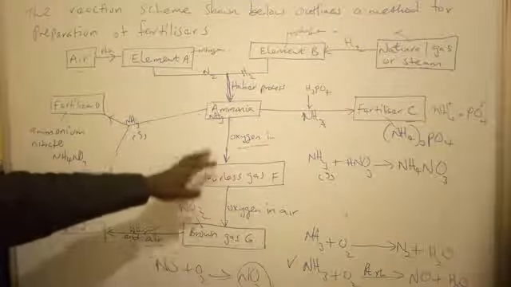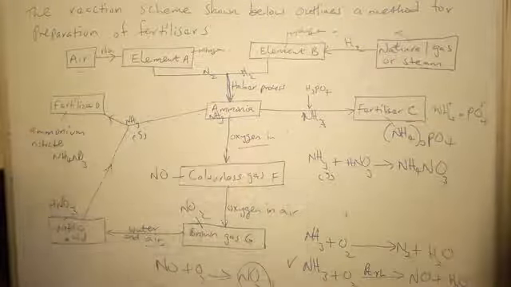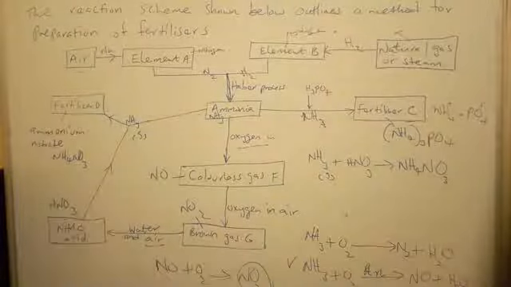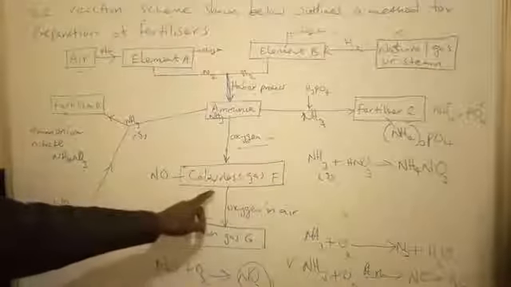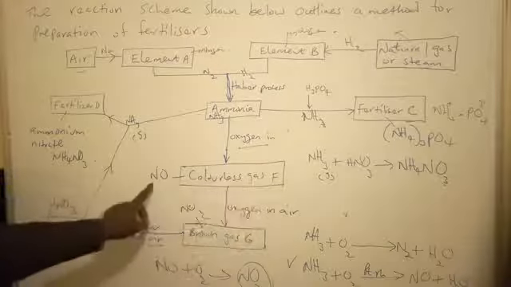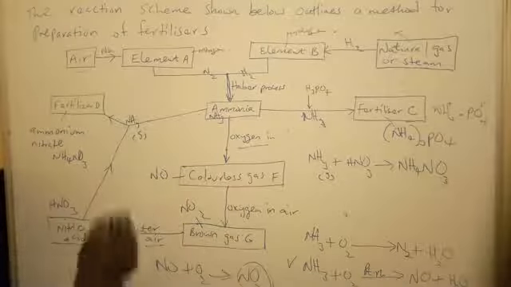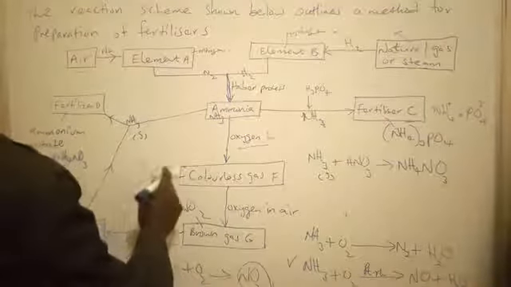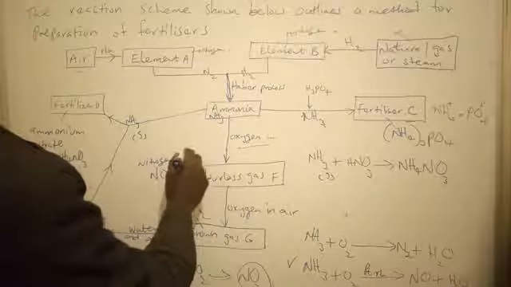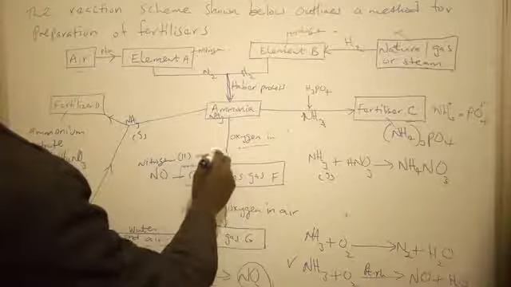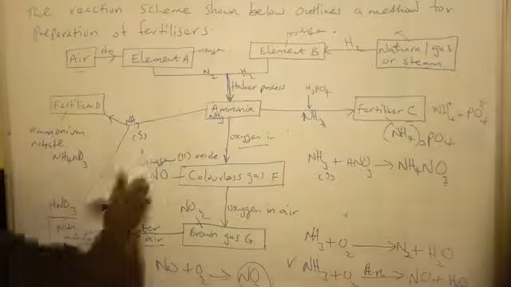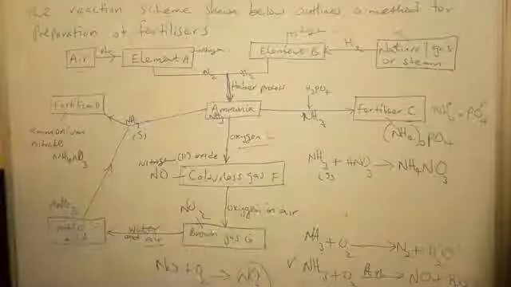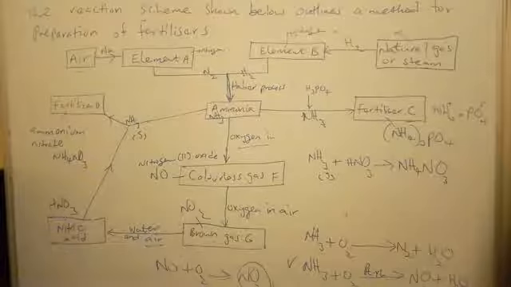E, there was a catalyst here, and that catalyst is platinum rhodium catalyst. Colorless gas F is nitrogen 2 oxide, NO. When nitrogen 2 oxide is exposed to air, it is oxidized to the brown gas, nitrogen 4 oxide.